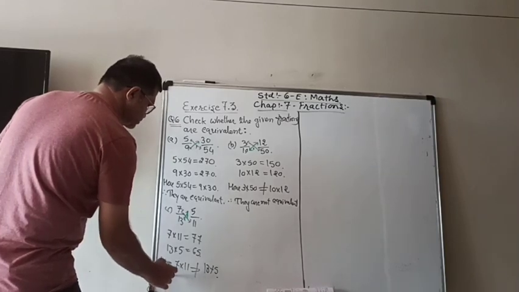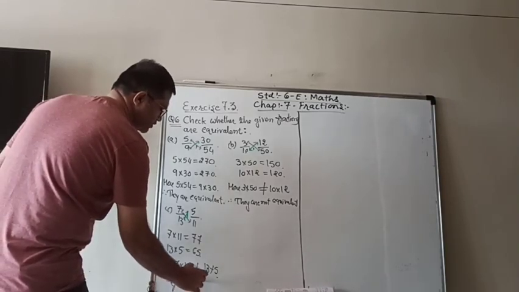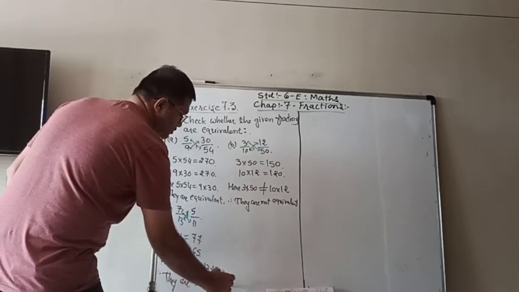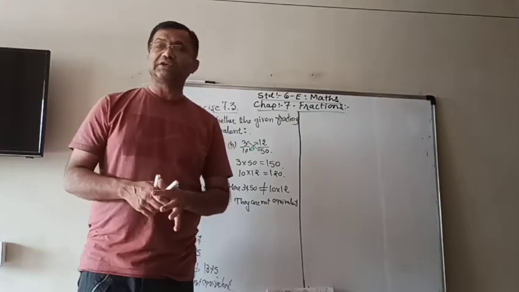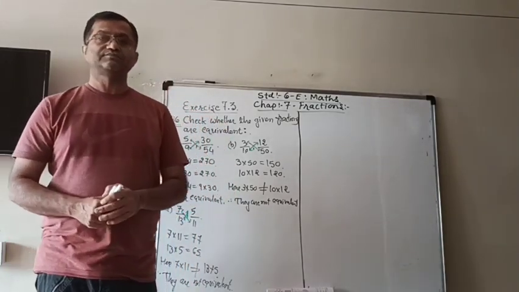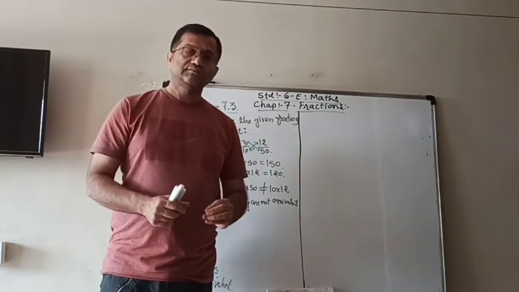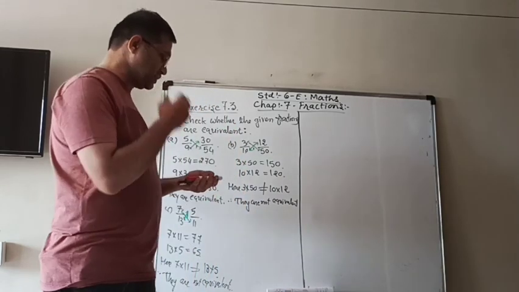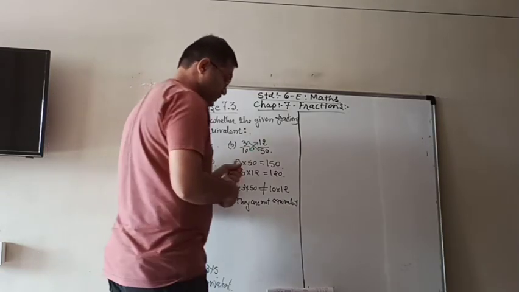Therefore, they are not equivalent. So to check whether they are equivalent, the only thing to do is the cross multiplication, and if it is equal, then they are equivalent, otherwise not equivalent. Let's do the next question, number 7.